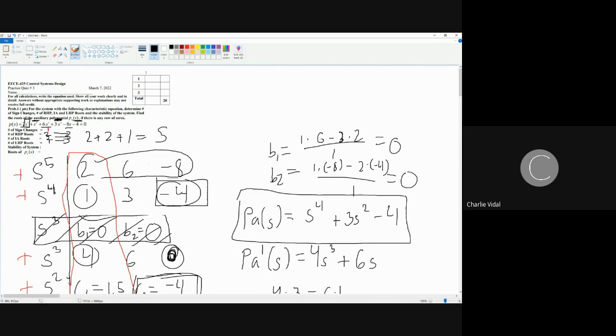So if you for some reason get that this one is going to be like 1 or 0 or something like that, then you know that that's wrong, right? Because that would add up to 4 and not 5. Just as a reminder.